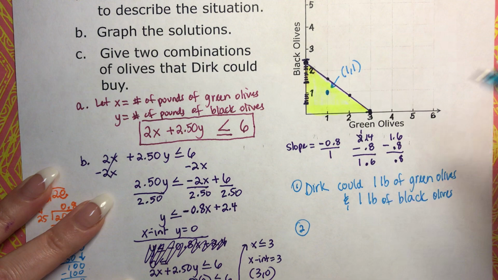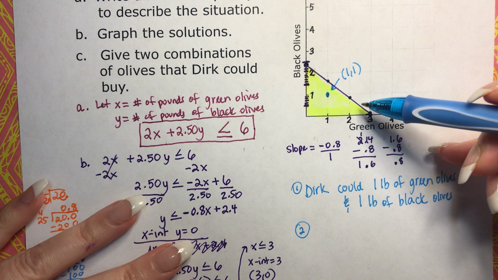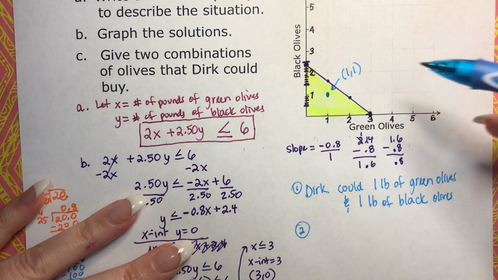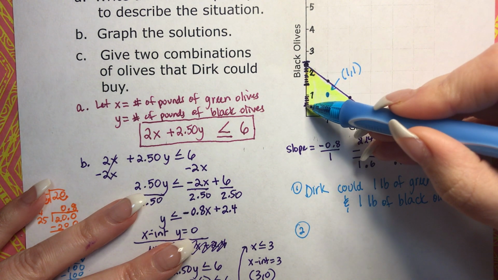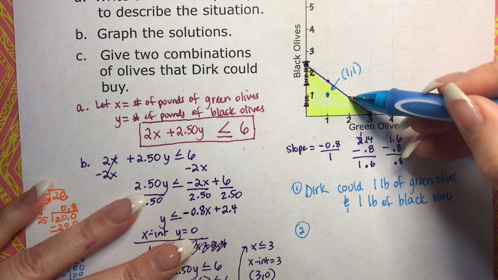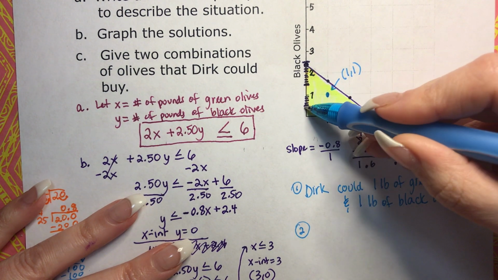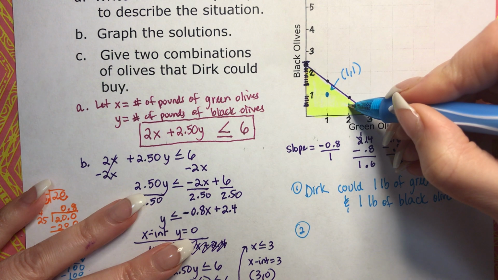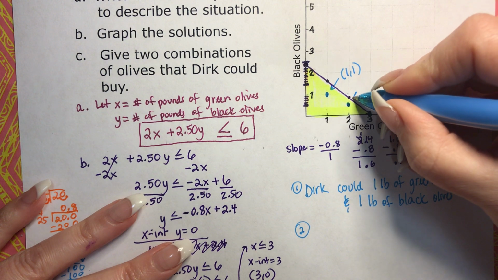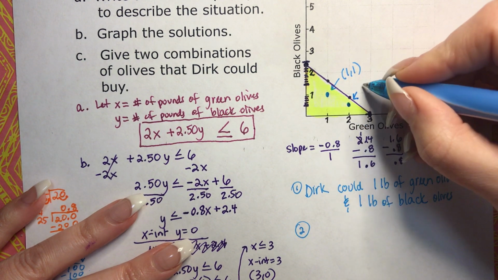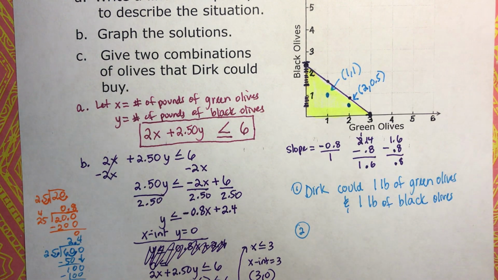A second option, and when you look in here, there's really no other really obvious pairs. So what I'm going to do is I'm going to just make this. I know that this right here is at 0.8, right? Because we did those slopes, and this was 0.8. So I know that half of a pound, which would be right here, would be in the solution set. So I'm going to say this is going to be my point where it's 2, and then this is going to be 0.5 for the y, which also means a half of a pound.